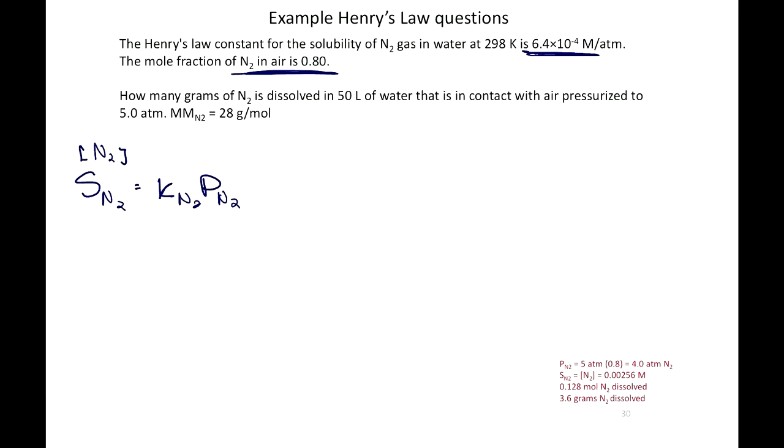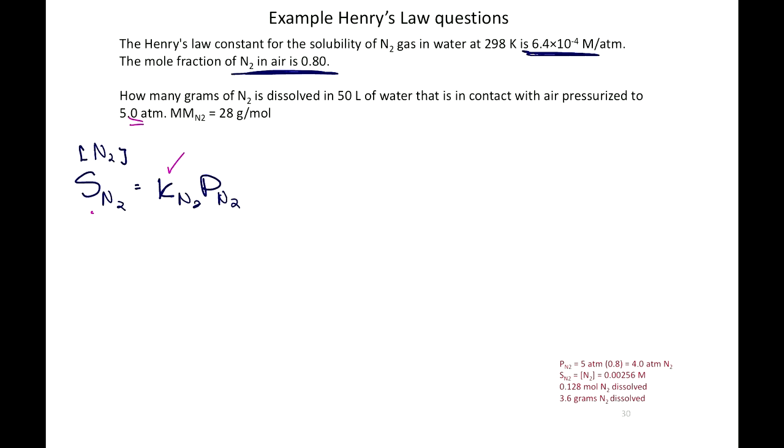Ooh, there's a lot going on here. But I recognize these numbers, right? It looks like, oh yeah, here's Henry's Law constant, I know that. We're given a pressure, so it looks like I can calculate the solubility of nitrogen. But there's a problem, okay? Think about this. The pressure that we put in Henry's Law has to be the pressure of that gas.